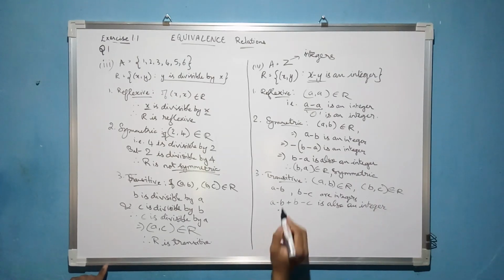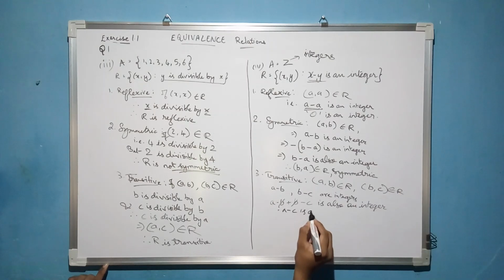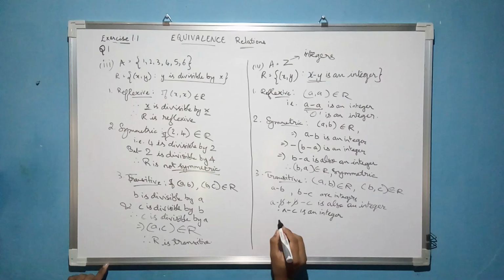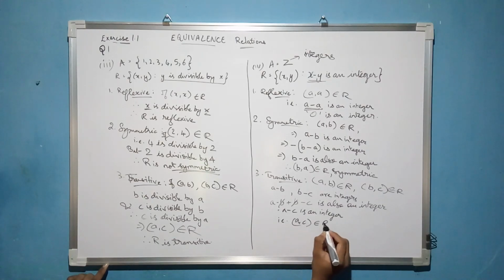If that is an integer, then a minus c is an integer. That is, (a, c) belongs to R, therefore R is transitive. That is what we infer from this.